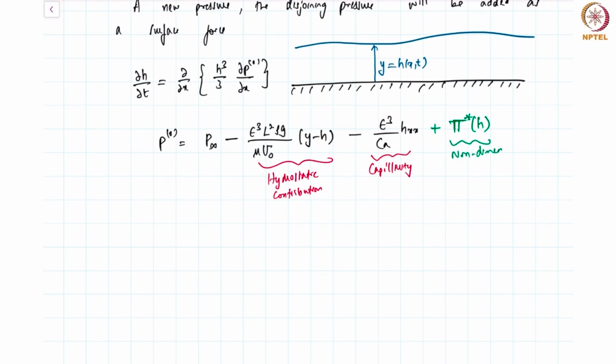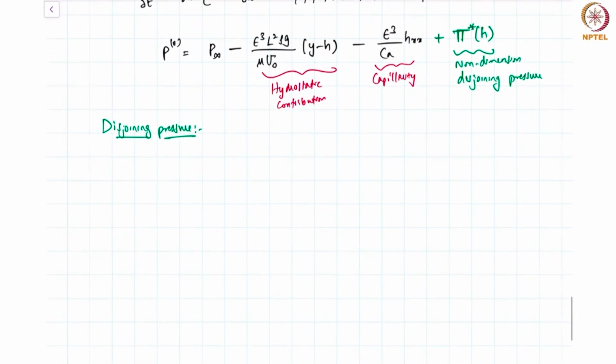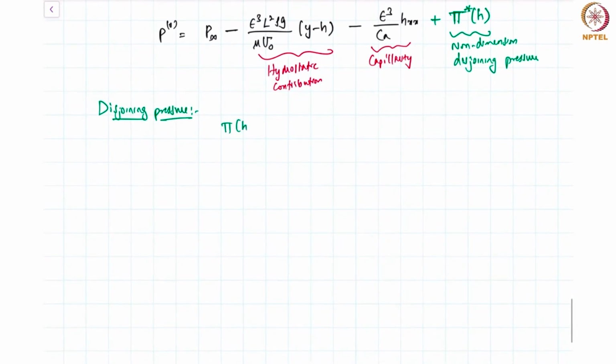The dimensional disjoining pressure would be something like pi of h equals A by 6 pi h cube, where h is a function of x and t.